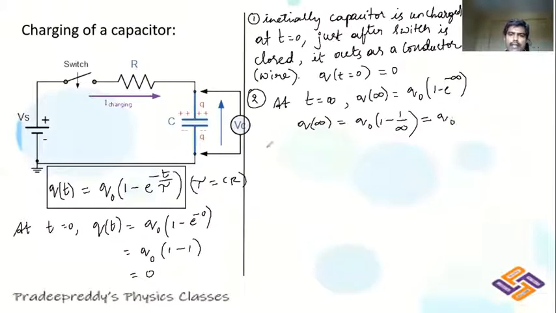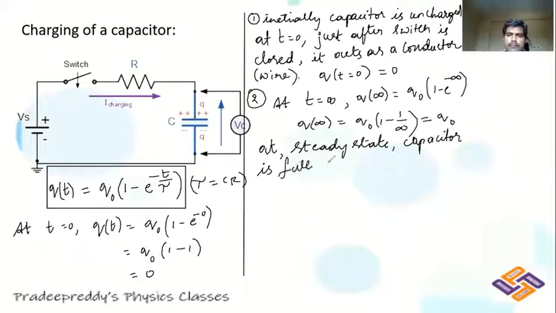So at t is equal to infinity, it is called the steady state. At steady state, the capacitor is fully charged. As it is completely charged, it cannot accommodate any extra charge. That is the reason why this capacitor acts as an open switch.